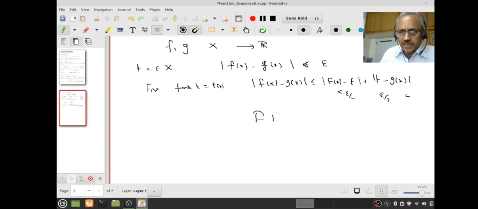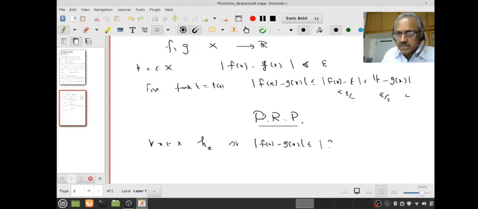Please pause, review and proceed. I can do something much more also. For each x in capital X, I can find a function h_x, depending upon x, such that mod f of x minus g of x is less than or equal to mod f of x minus h_x at x plus mod h_x at x minus g of x.